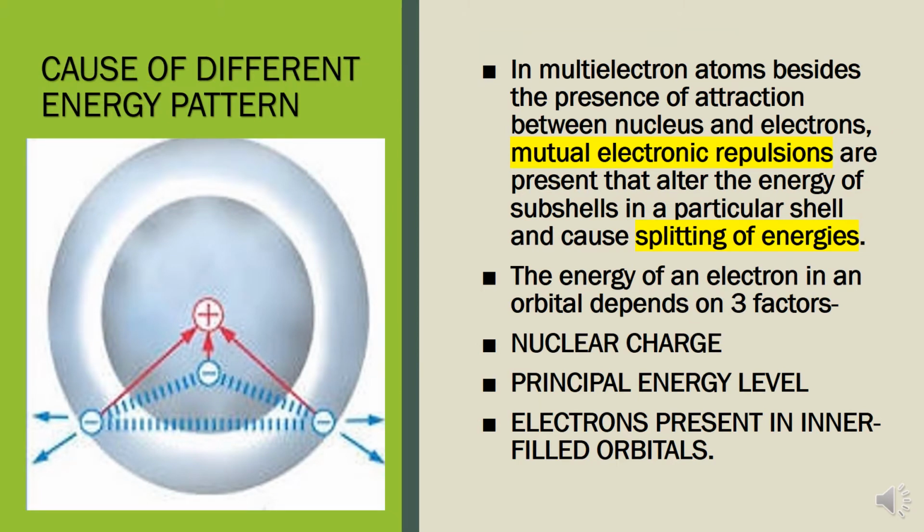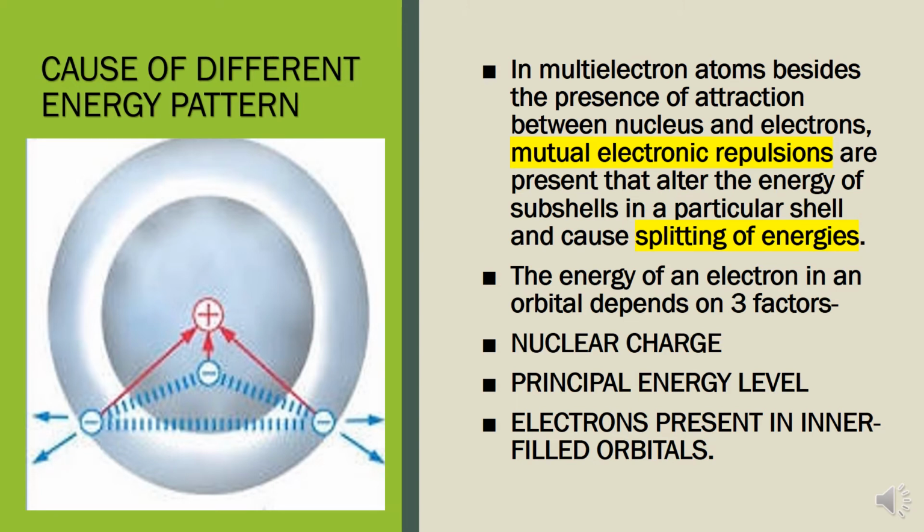Actually, all multi-electron atoms, which have more than one electron, have two types of interactive forces in their atoms. Just as in the hydrogen atom, we had seen that only attraction between the nucleus and the electron is present because of just one electron.